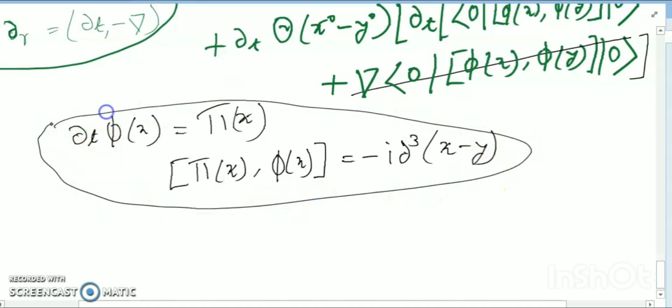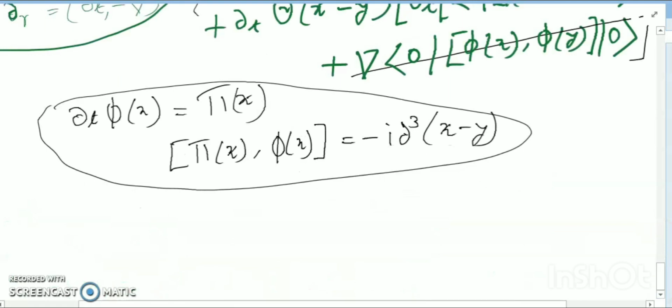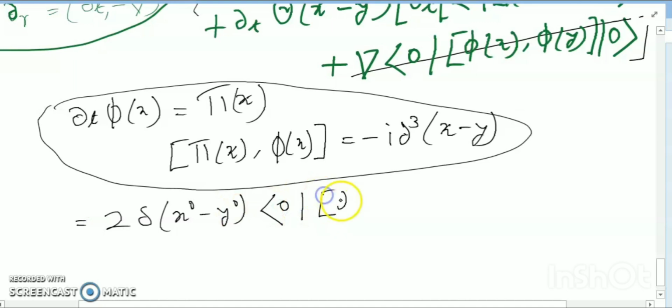Now these total equations can be written as 2 del t theta, which means 2 del into (x0 minus y0), and we get the value equal to 0 vacuum sandwich del t phi x comma phi y.